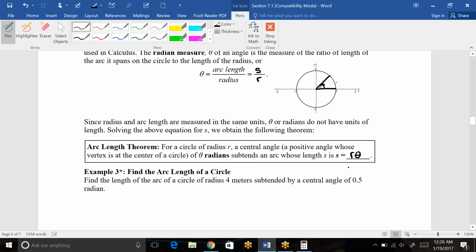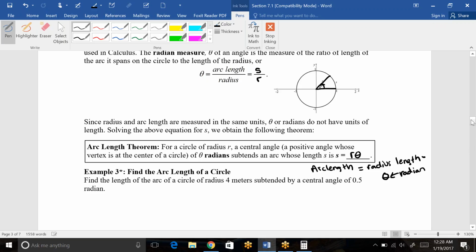That's a lot of words just to say that this is a formula for arc length. So essentially, arc length is equal to radius length times theta, where theta must be measured in radians. Okay?